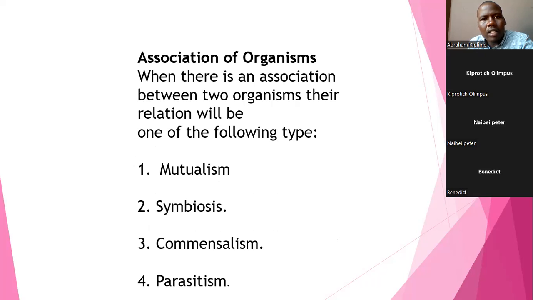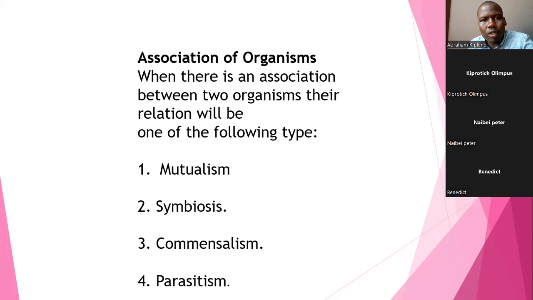And let's see the association of organisms. When there is an association between two organisms, their relationship will be one of the following. Benedict, can you hear me? Please read what you see on your screen.